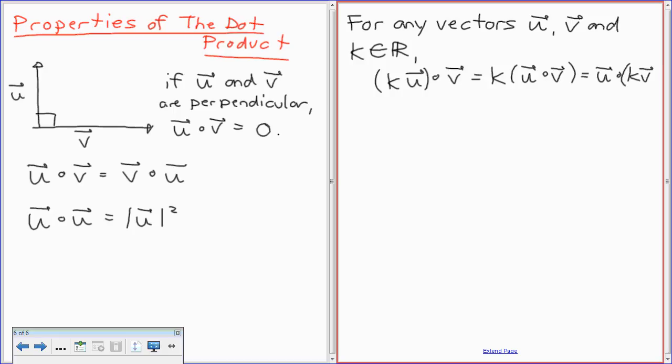Doesn't really matter. Any one of those will be the same. And again, you can think the reason for that is it's just going to be another coefficient multiplied into the equation. And the distributive property is going to go, U dot (V plus W) equals U dot V plus U dot W. And there's going to be our last one here.